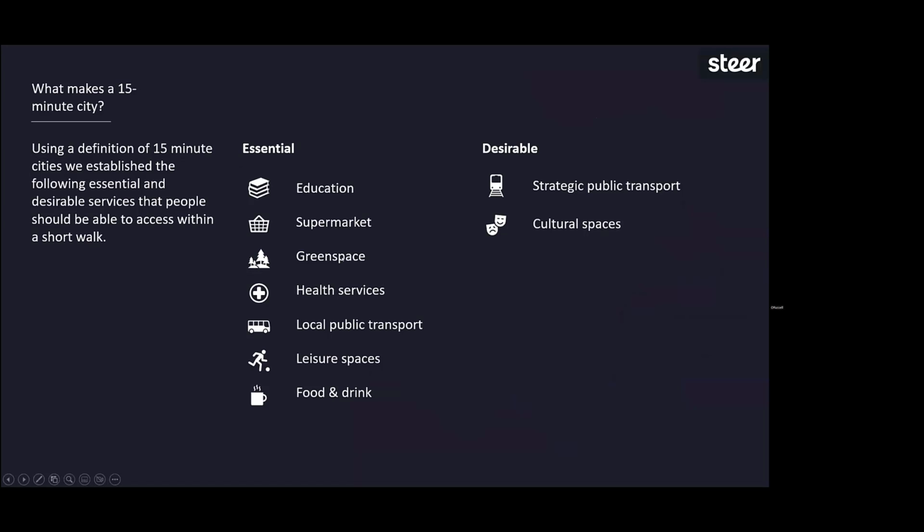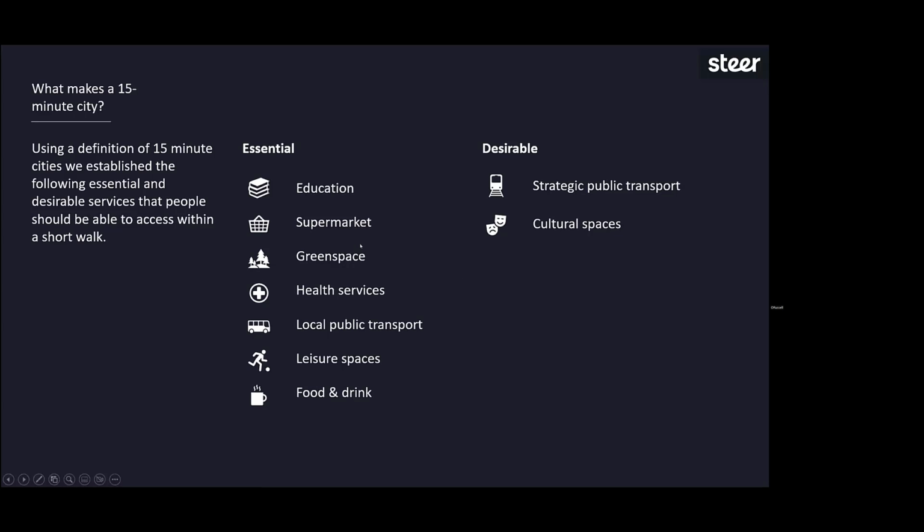And this is the list of locations and services that we use to define, at a very basic level, things that could be considered essential and desirable services that make up a definition of 15-minute cities.